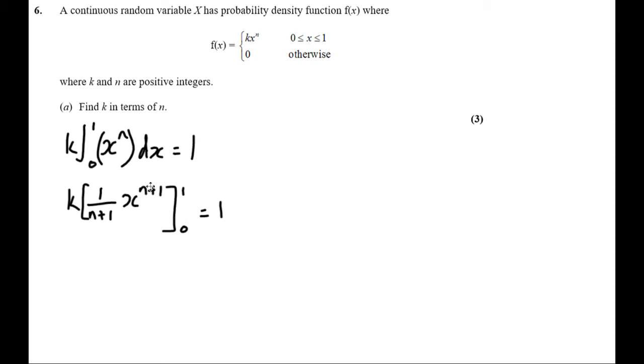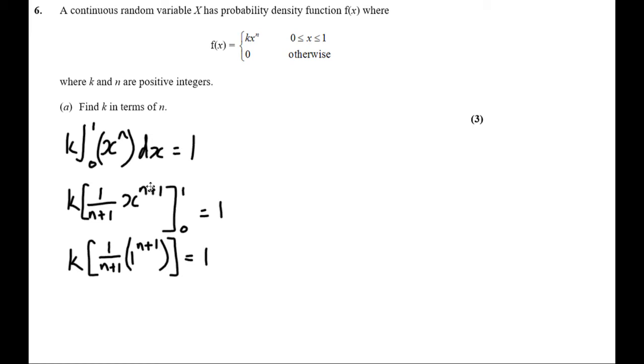If I substitute 1 into this expression, I'll get k, and then 1 over n plus 1 multiplied by 1 to the power of n plus 1. Now, I recognize that 1 to any power is going to give me a result of 1.